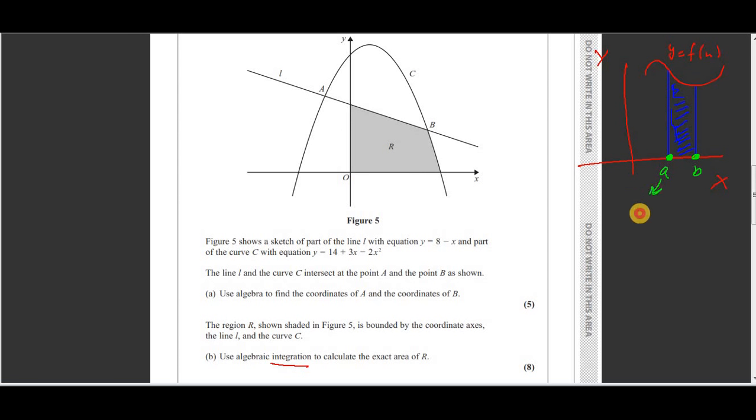So a is called the lower limit and b is called the upper limit, and the area under the curve above the x-axis is the integral from a to b of y dx. So you integrate the equation of the curve between these 2 points in order to get the area under the curve above the x-axis.